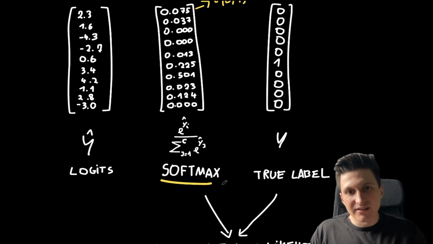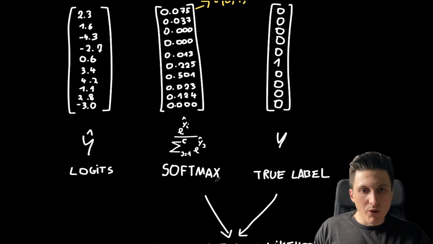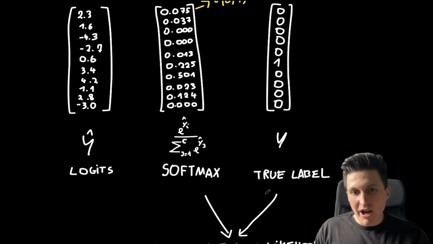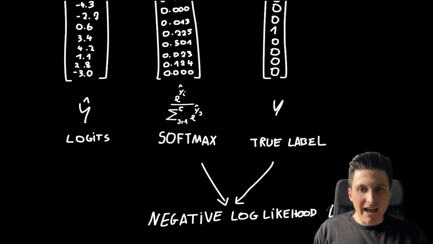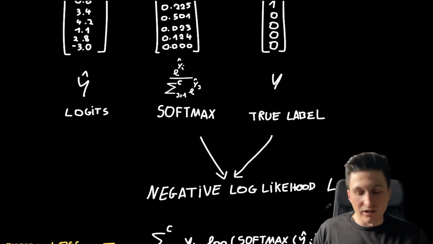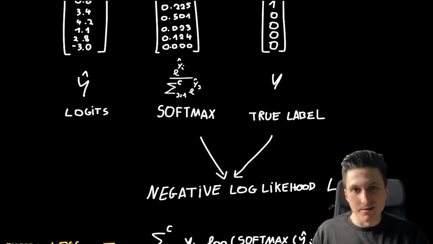And just applying the softmax isn't enough, but now we can actually calculate some kind of loss, and that will be the negative log likelihood loss.